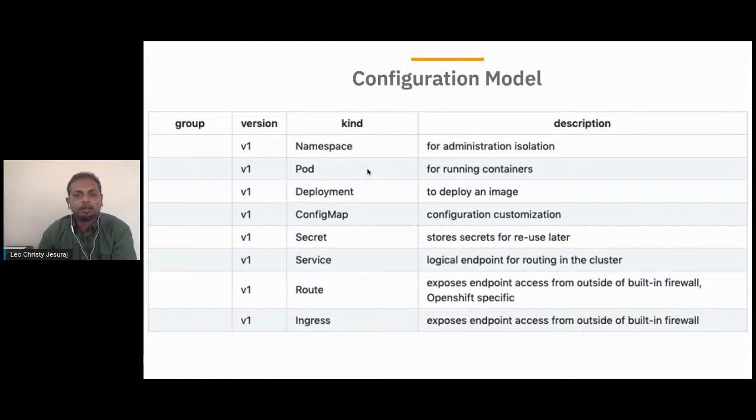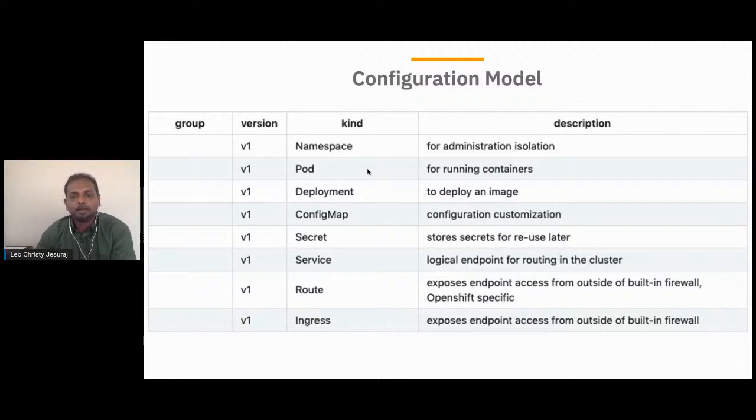Typically, it's recommended that you deploy only one container per pod, and the only exception to that rule is the sidecar approach. Sometimes you want to have additional containers running alongside that main application. That is the only exception, meaning the additional containers will support or enhance the main container.